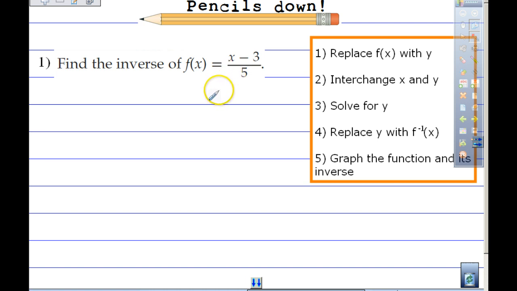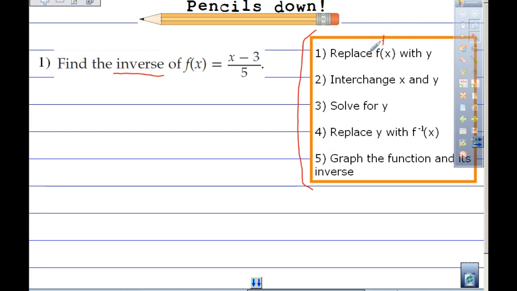Okay. So step 1, how do you find the inverse? If I give you a function, how do you find the inverse? Okay. Here are the steps right here. Basically, you're going to exchange x and y. Flip x and y, and then solve for y. And you'll have the inverse. Okay?